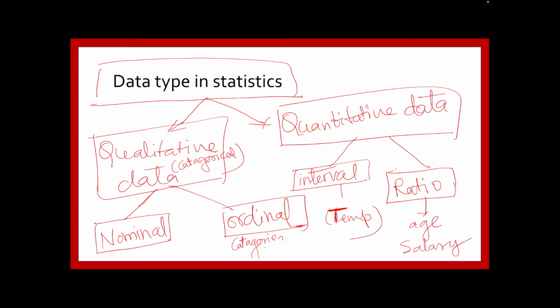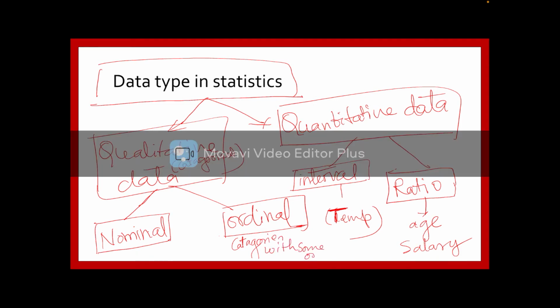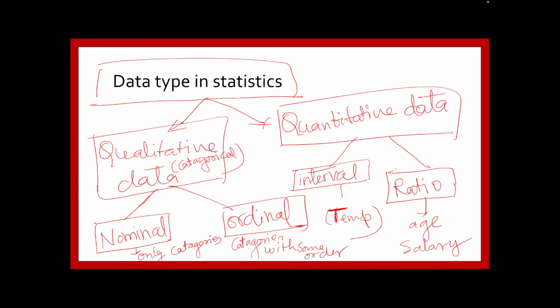In nominal data they have only categories but no ordering, no inequality. They are all equal categories.